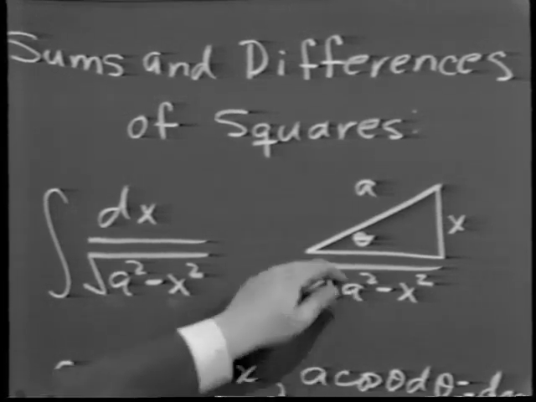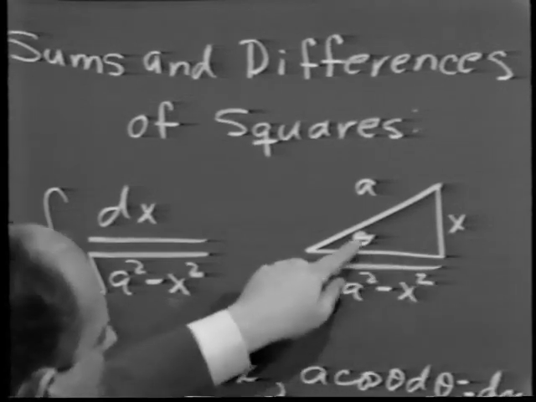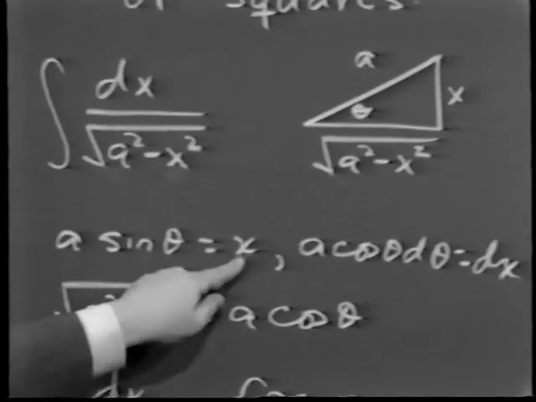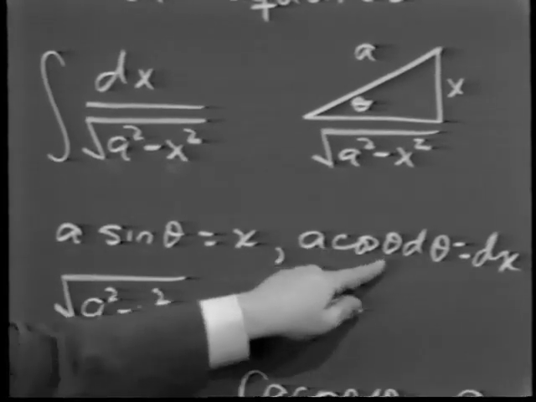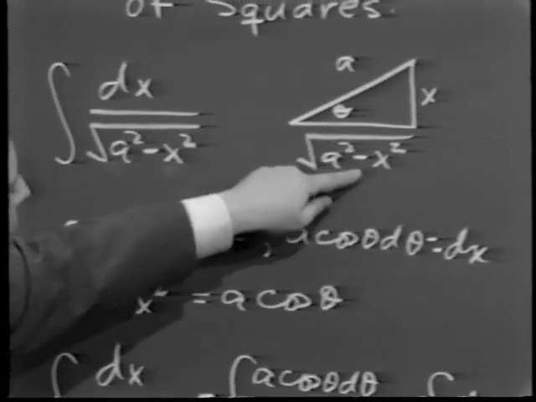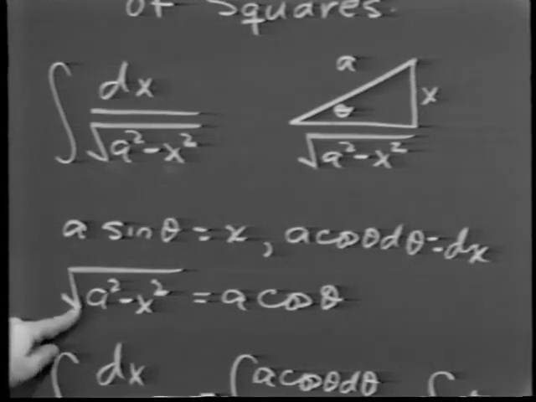From this triangle, the easiest relationship to pick off involving x is that sine theta is x over a, or a sine theta equals x, from which it follows that a cosine theta d theta is dx. The square root of a squared minus x squared over a is cosine theta. Therefore, the square root of a squared minus x squared is a cosine theta.